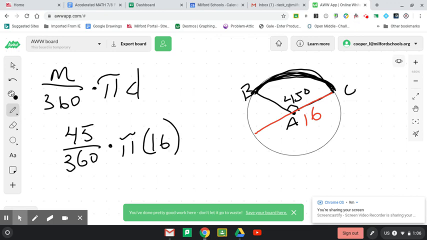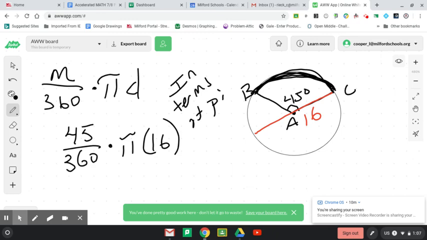Now, let's go back to our in terms of pi. If we're doing it in terms of pi, we don't input 3.14. So we would simply do our 45 over 360 times pi times 16.